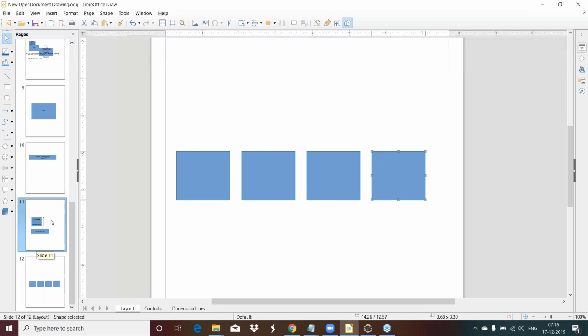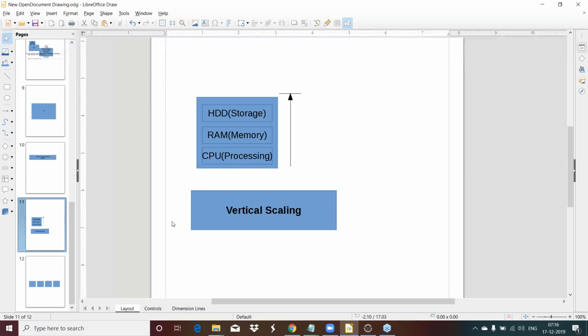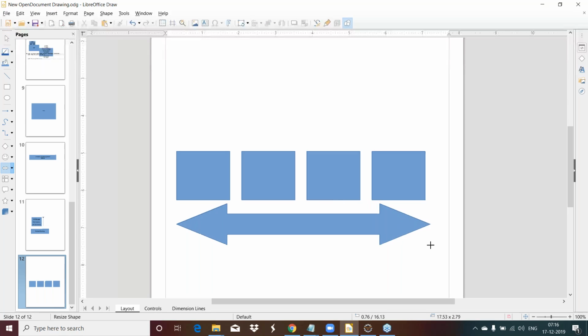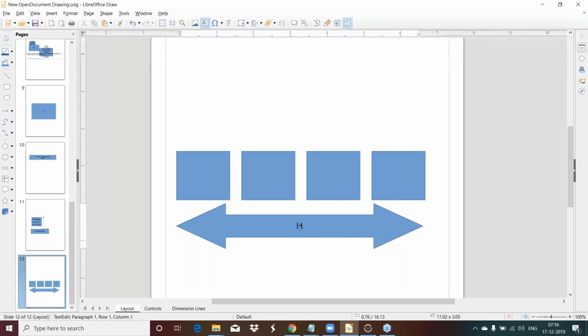What was the problem statement? The problem in the existing system was vertical scaling, and Hadoop is giving us the solution with a new terminology called horizontal scaling. Hadoop says that you keep on adding machines and there is no limit to it. So this solution is basically referred to as horizontal scaling.